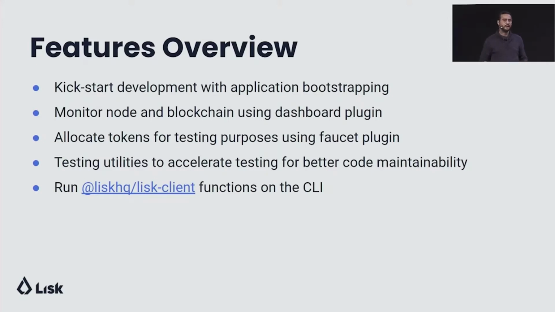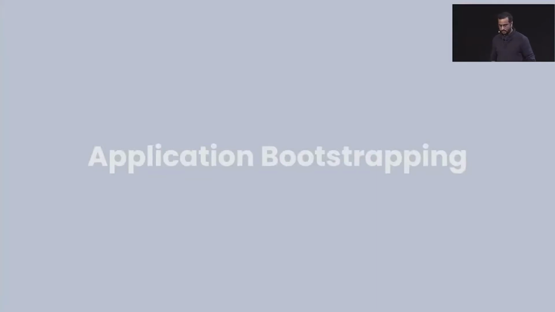For allocating funds, the developer can use the Faucet plugin. And also, we have added a lot of testing utilities for better code maintainability. In the end, we have also given something on the CLI where you can run various functions which are exposed through Lisk client. So we'll go through each of them one by one.